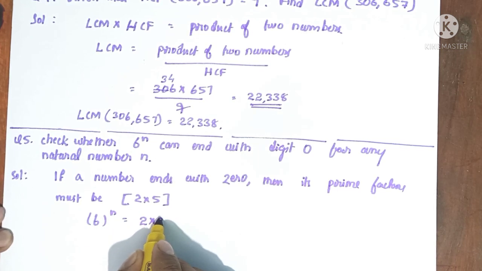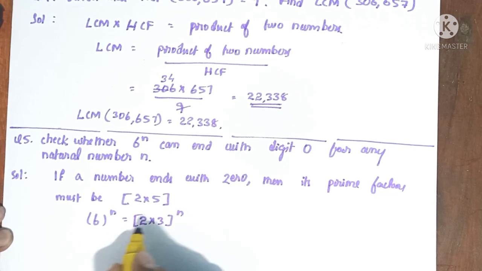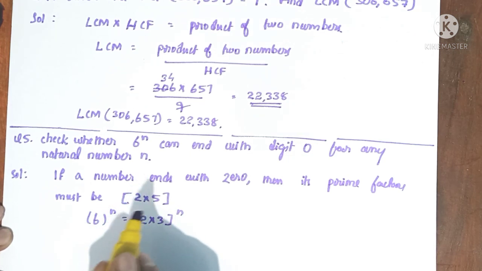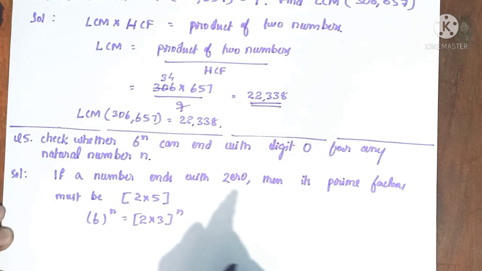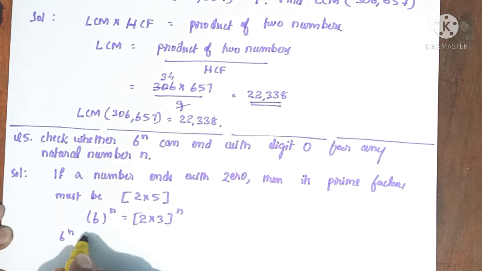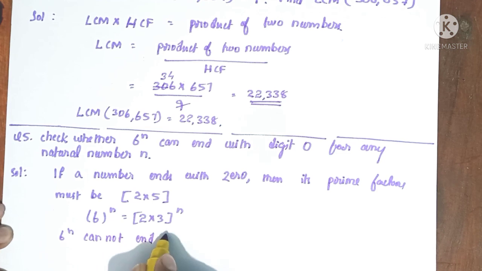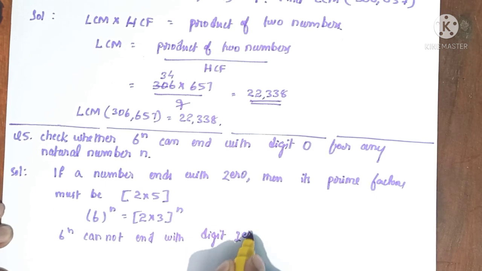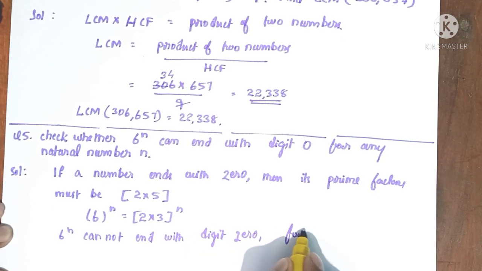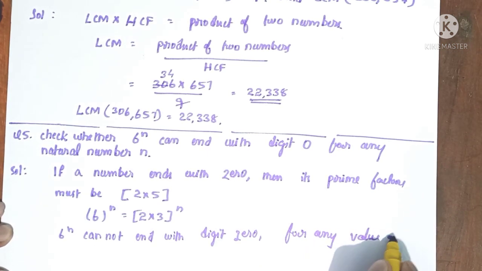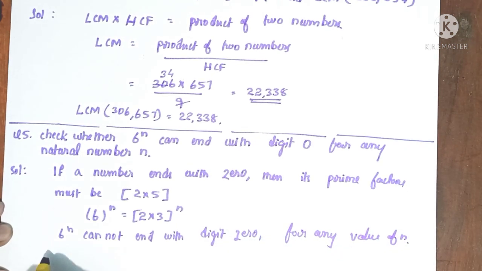That is 2 and 3, 2 into 3. But it is not a pair of 2 and 5. So 6 raised to n cannot end with digit 0 for any natural number n. 6 raised to n cannot end with digit 0 for any value of n. What is the reason?